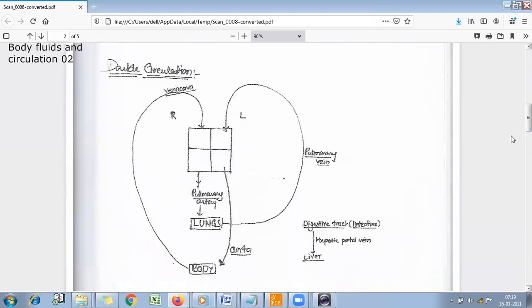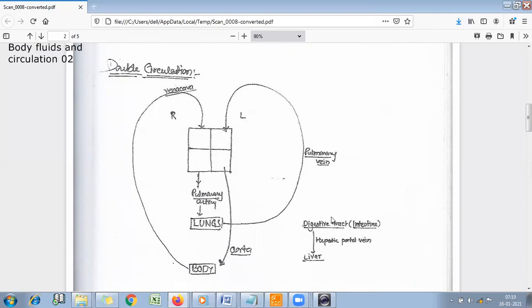Now we will understand what the hepatic portal vein is. When blood reaches the heart from the digestive tract through the liver, it is called the hepatic portal vein. Hepatic means liver.